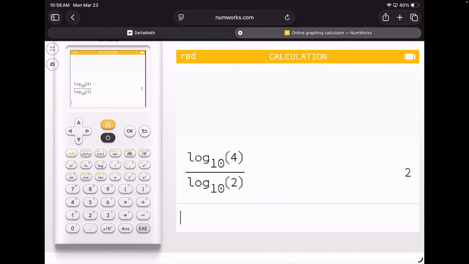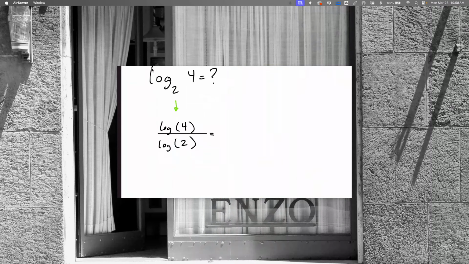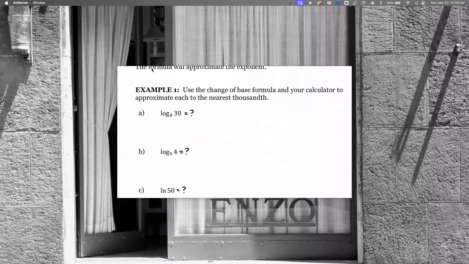So it's a way of doing logs with other bases, right? We couldn't use the calculator before, but now we can, okay? Because we're going to get problems like this guy right here.